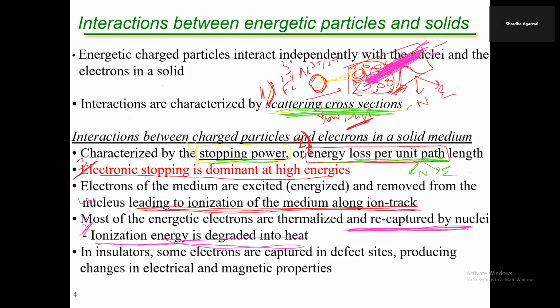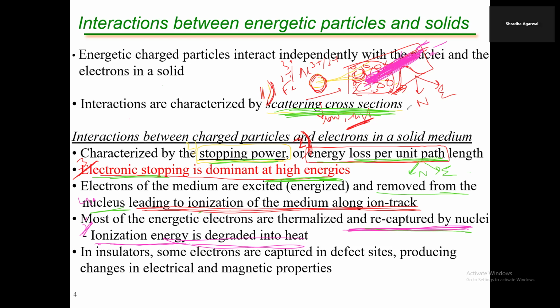The third important concept is that electronic stopping power is dominant at high energies. I gave you an example: if a rocket goes to the sky, it feels friction, a similar kind of energy loss. Wherever the rocket goes, it leads to ionization of the medium, or removing of electrons from that track, right? This is the fourth thing. And fifth is that all the electrons are recaptured. So this is the typical interaction we are talking about.